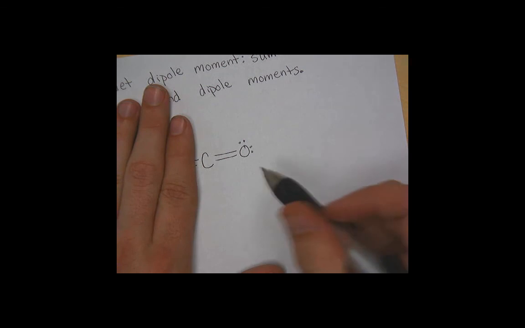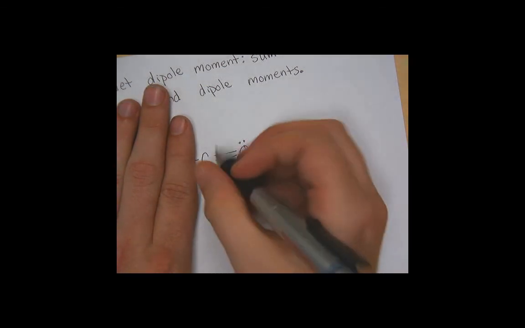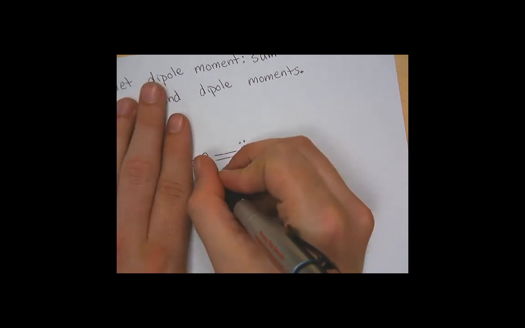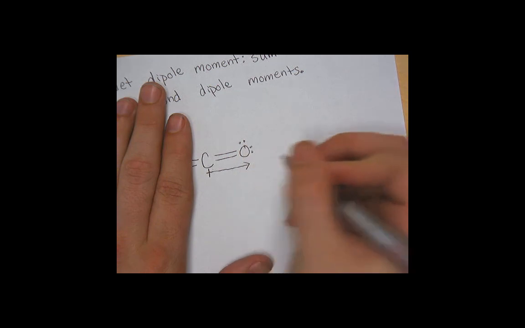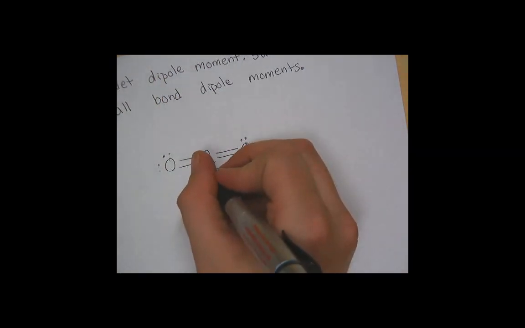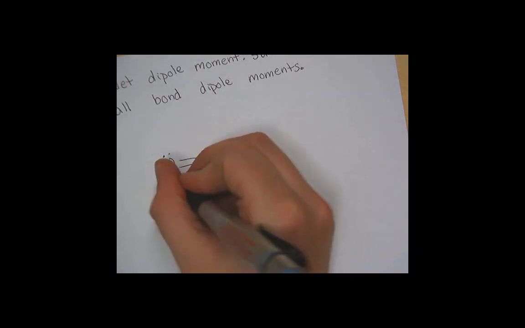So hopefully you said that carbon was less electronegative, so it gets the plus, and the arrow points at oxygen. Now if we do the same thing for the other oxygen, again the carbon gets the plus, and the arrow points at oxygen.